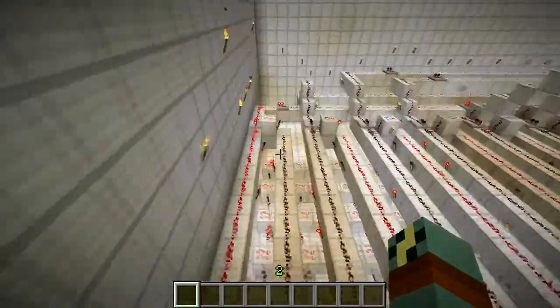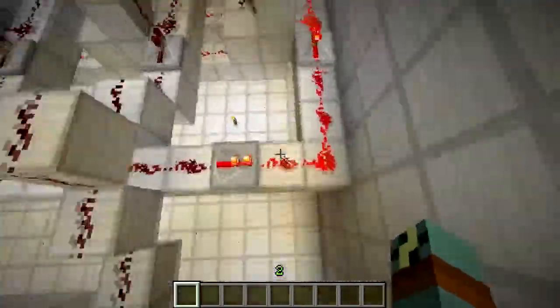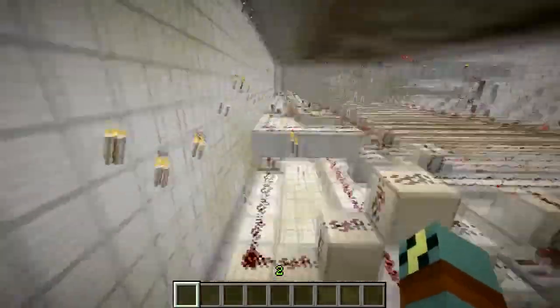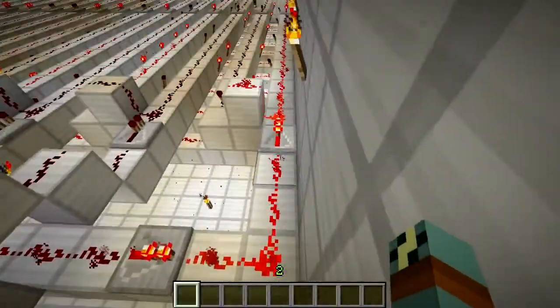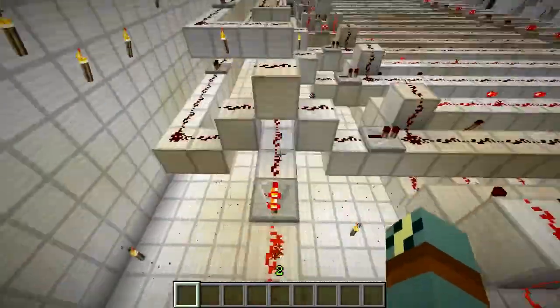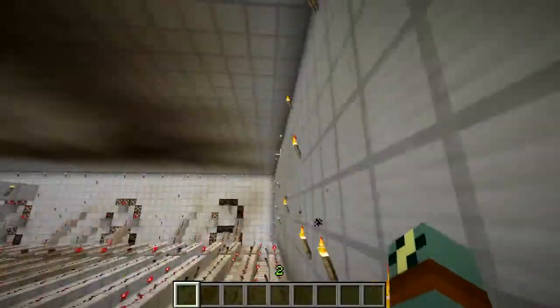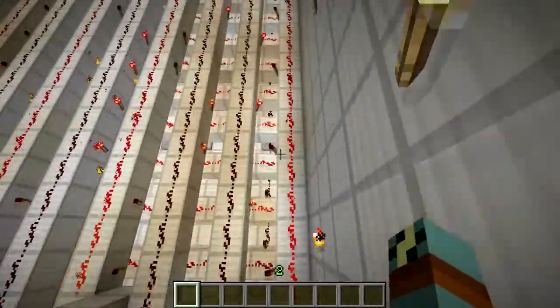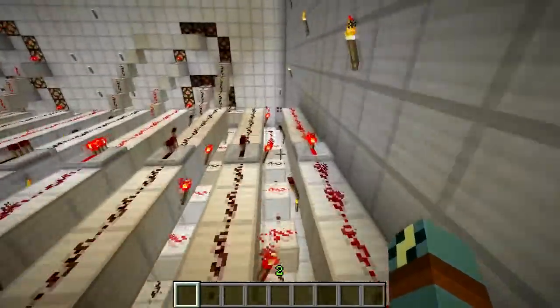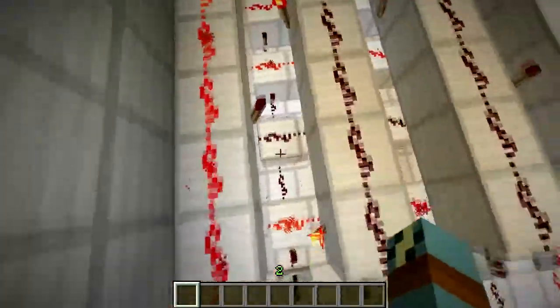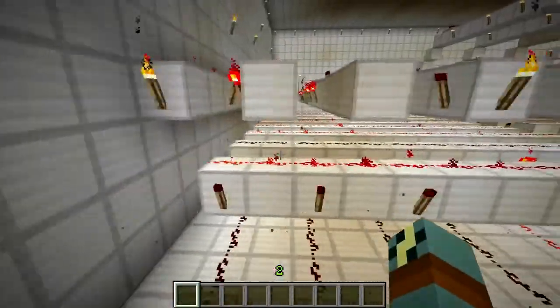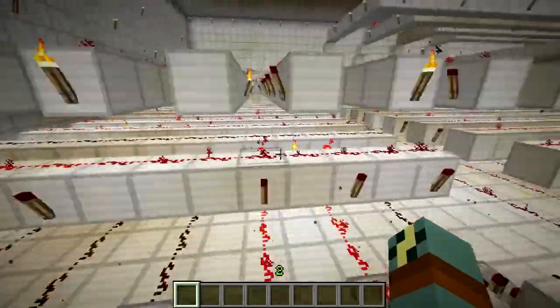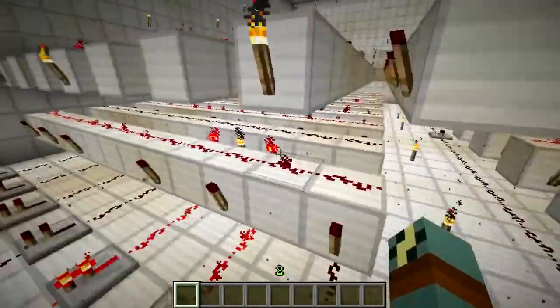I'll give you an example, just to demonstrate that I know what I'm talking about. I believe this is 100. If this is on, then that means 1 is being added to the output. So that turns this line on, which disables the torches on this line. And in doing so, it turns off every other set of torches down here.